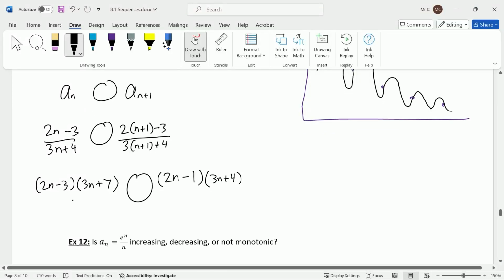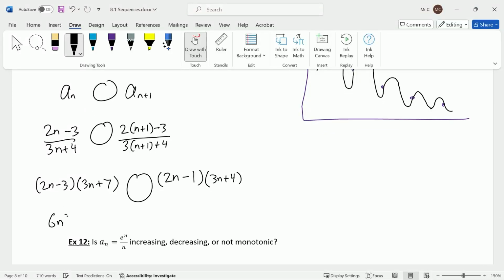All right, let's distribute all this out here. We get 6n squared minus 9n plus 14n. That's plus 5n minus 21, compared to 6n squared minus 3n plus 8n. That's plus 5n minus 4.